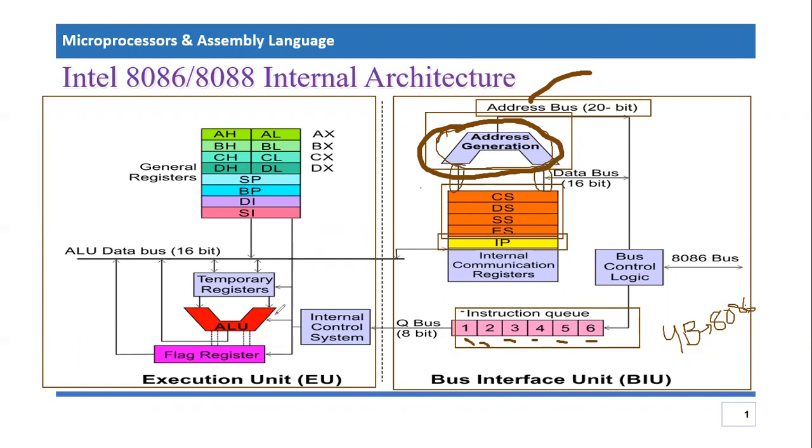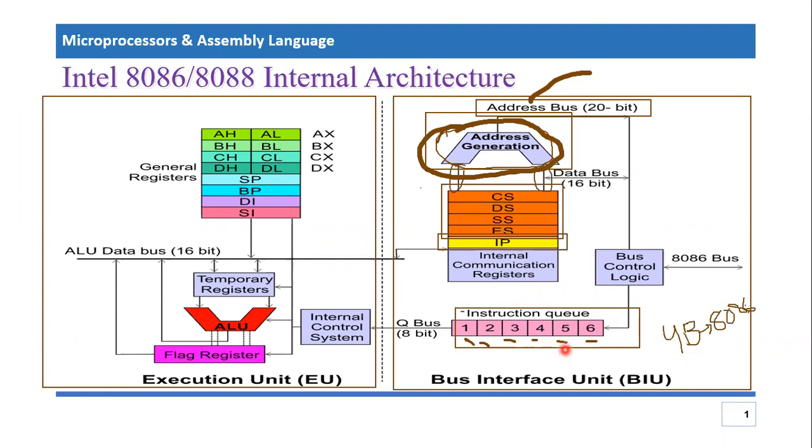Let's suppose the execution unit is still executing the instruction which was present inside it, and our instruction queue is full. What is going to happen? The bus interface unit cannot fetch further information, so it will stop working and wait until the instruction queue has a significant place to store.